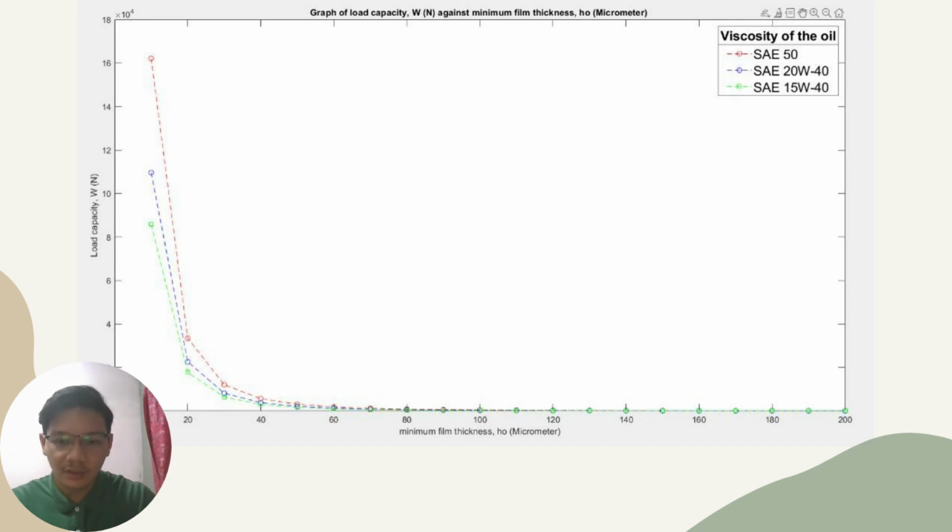Same as before, the lowest load capacity can be identified to be SAE 15W40 oil with a viscosity of 0.00108 Pascal second, with 31.251 Newton of load capacity.